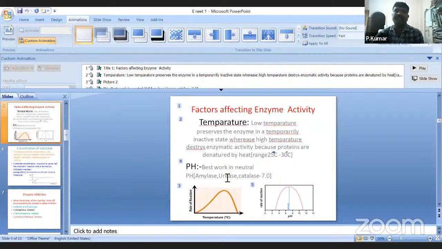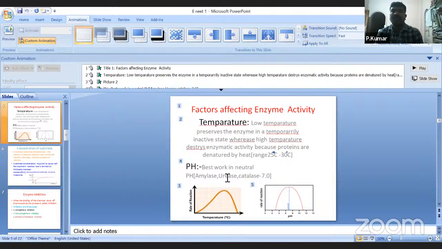And next, factors affecting enzymes. The factors are generally temperature and pH. Low temperature preserves the enzymes in a temporarily inactive state, whereas at a high temperature enzymes are destroyed, so the proteins are denatured by the heat.